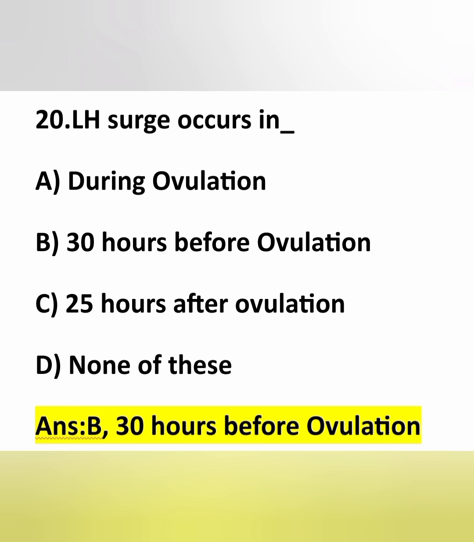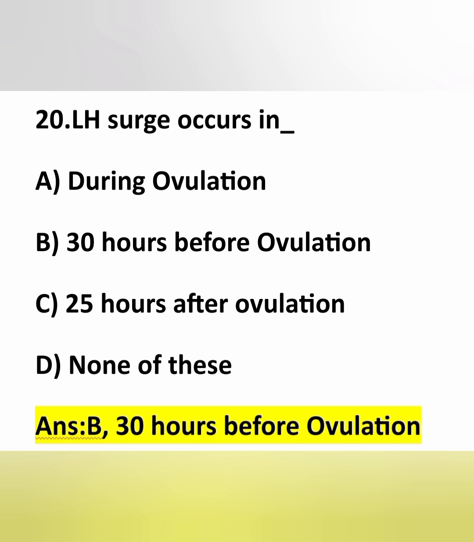A rapid increase of luteinizing hormone in the bloodstream is known as the LH surge. It occurs 32 to 36 hours before ovulation. Among these options, option B, 30 hours before ovulation, is the correct answer.